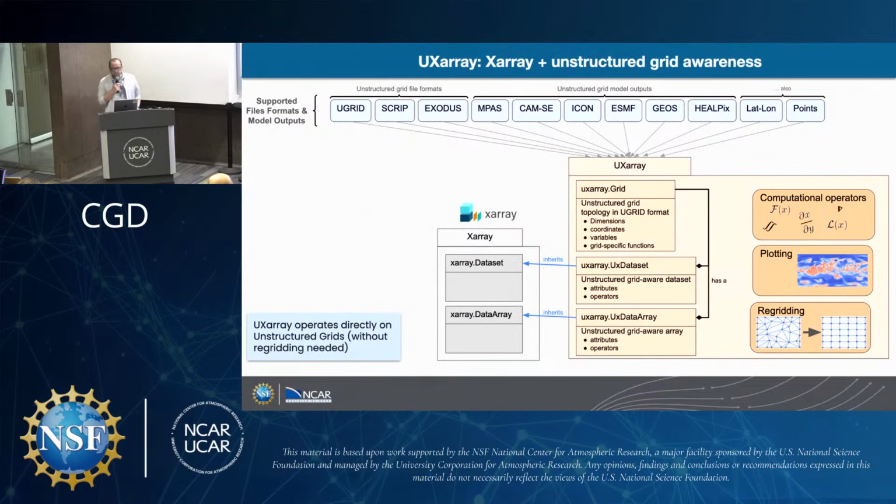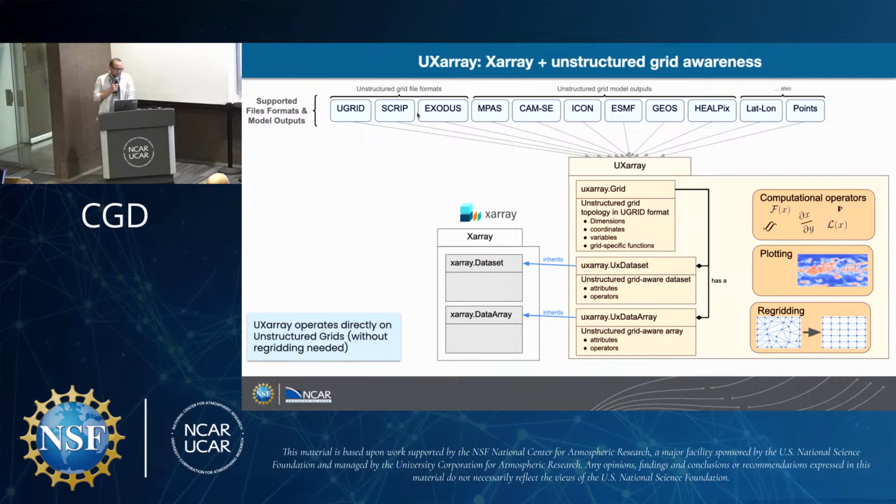This diagram is pretty crowded, but I'd like to highlight a number of parts on this one to deliver you the most vital information from this one. I think the part on the top section is really important. That's what UXarray does and tries to expand in the future as well. We have support for several unstructured grid models and grid file formats.